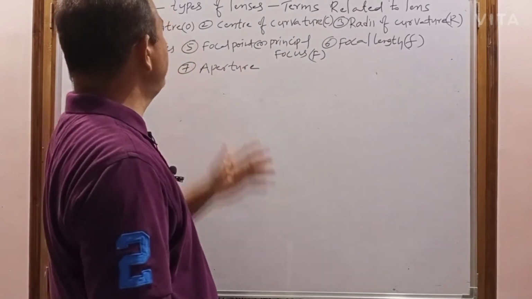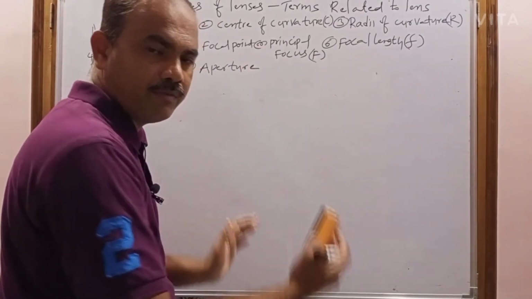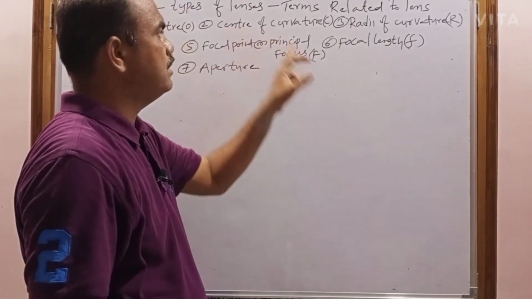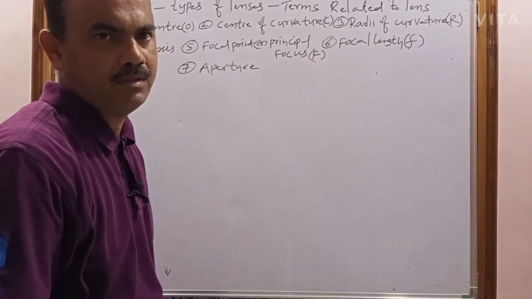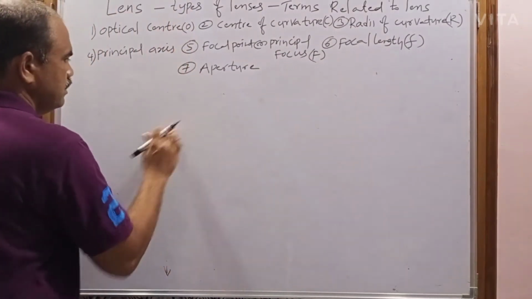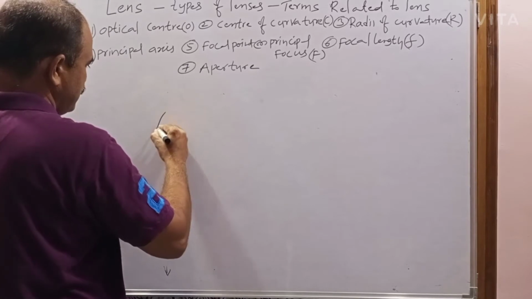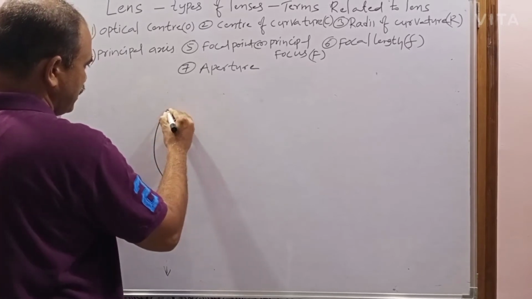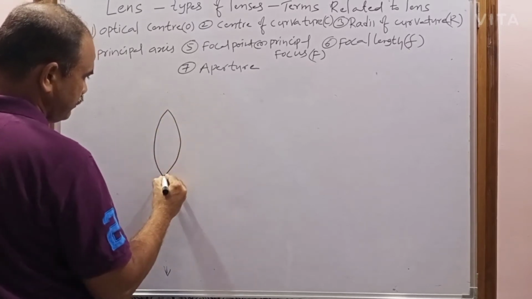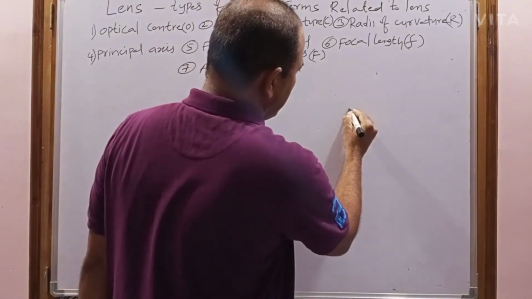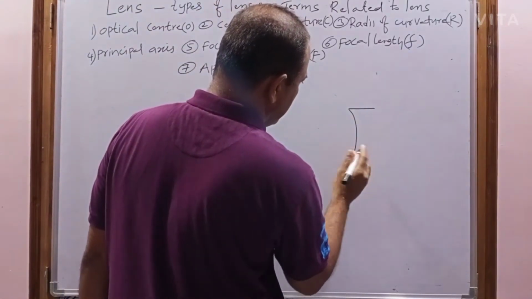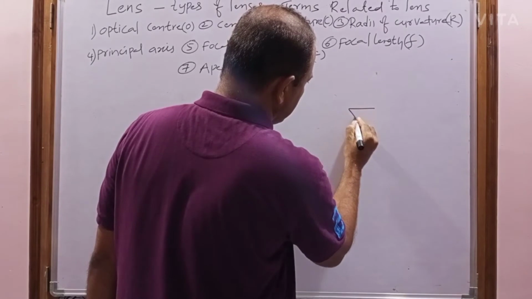But a lens has two spherical surfaces, so it has two centers of curvature. Let us imagine this is a double convex lens, and this is a double concave lens.